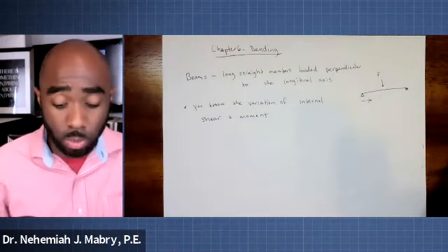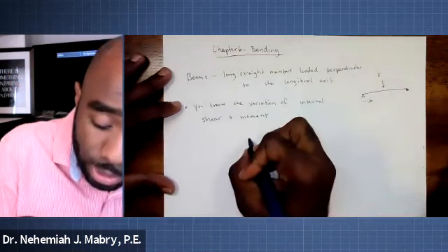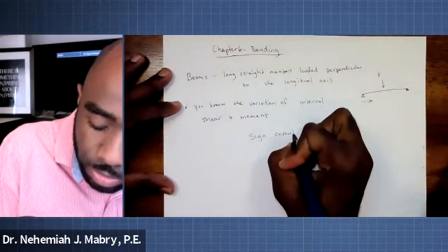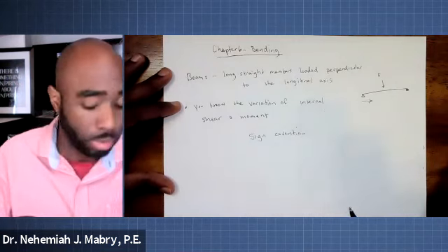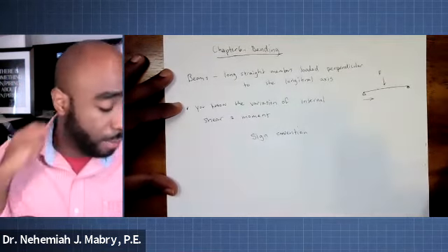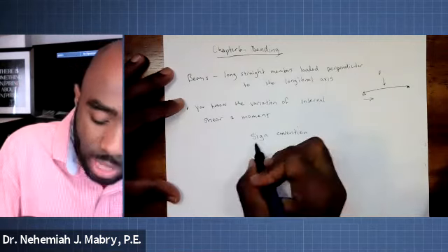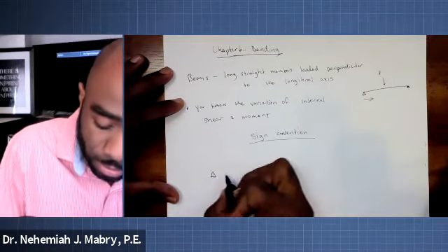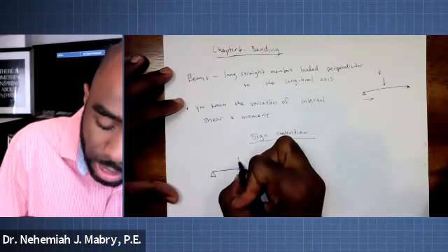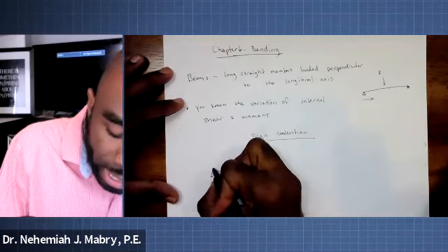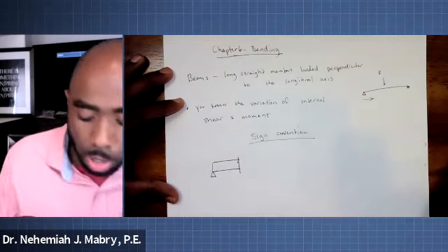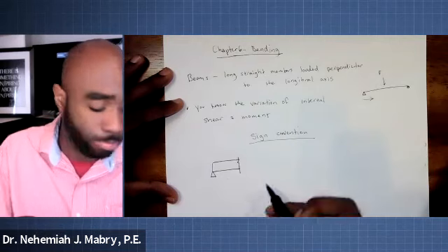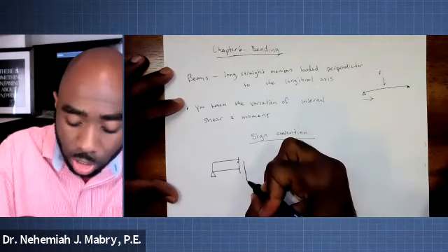Now, in order to make sure we are on the same page, we must start off with our sign convention. I shared this in a couple of videos ago. Let me spell it right: C-O-N-V-E-N-T-I-O-N. All right, sign convention. When we're talking about our beams here, we're going to be doing some cutting of these beams in order to analyze the internal shear and moment. If you're cutting and you're showing the beam from the left side, then the shear is always going to be drawn down.